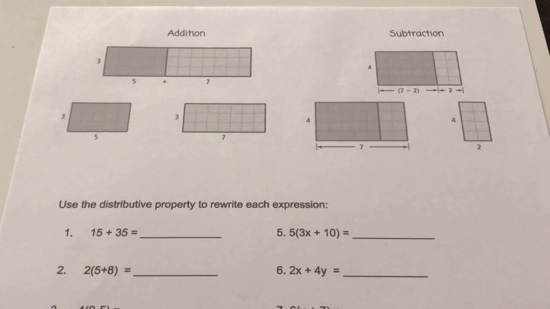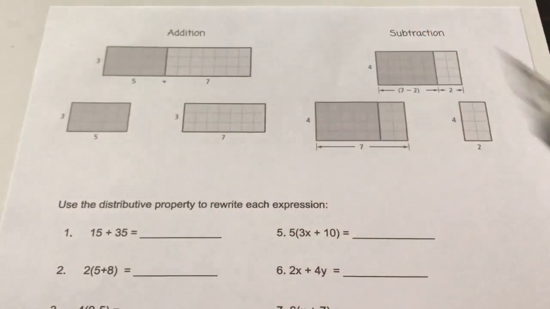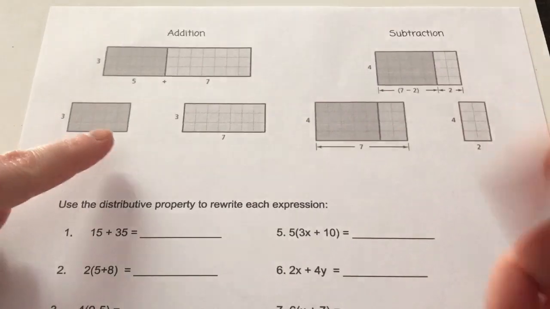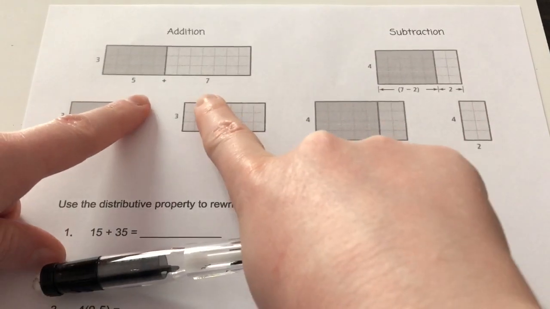All right, guys, some more examples of the distributive property. We are on page 16 now, and these are area models. Again, if I wanted to find the area of this whole thing, there's 2 ways I could do it. I could find the area of it in 2 separate pieces, or I could find the area of the whole thing.